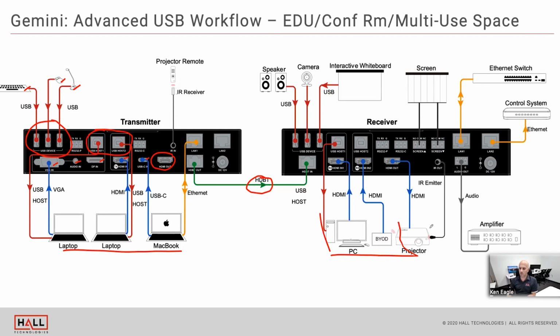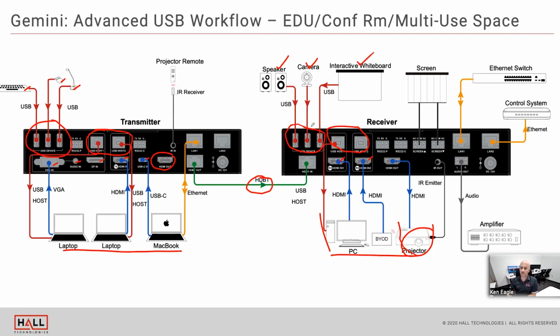And then I've got an output device here, a projector. So input, HDMI, input, HDMI, again, two more USB host connections, which means presenters can connect and get connection to the USB workflow, a USB hub for three more devices located in the system. Maybe that's a speaker, maybe that's a camera, could be an interactive whiteboard.